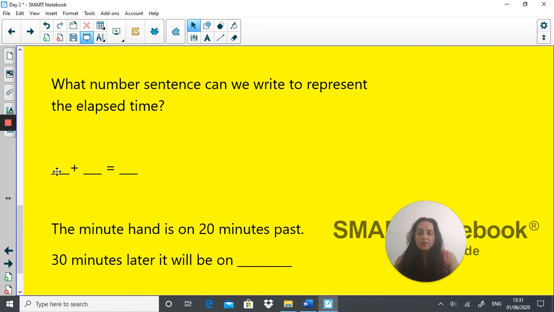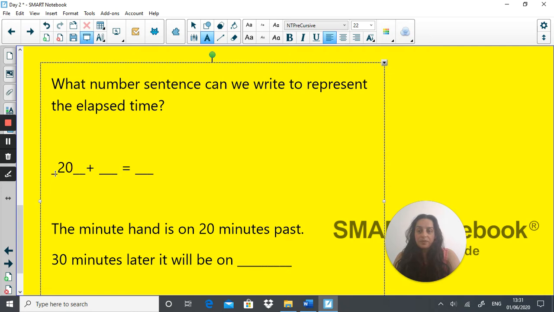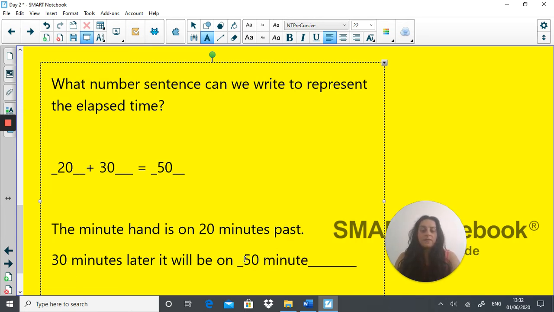So hopefully you would have written down 20, because it started 20 minutes past, plus 30, that's the number of elapsed minutes. So 20 plus 30 equals 50. The minute hand is on 20 minutes past. 30 minutes later, it will be on 50 minutes past. There you go. Excellent work.